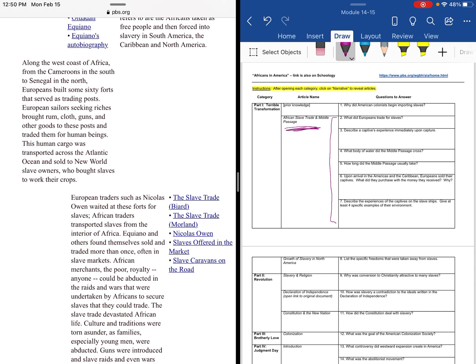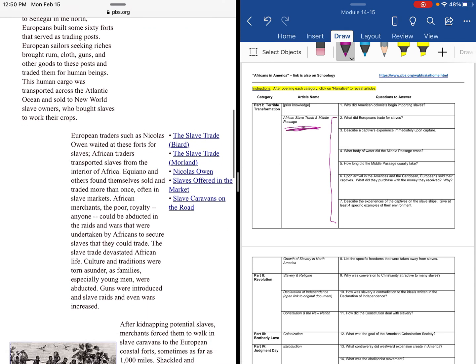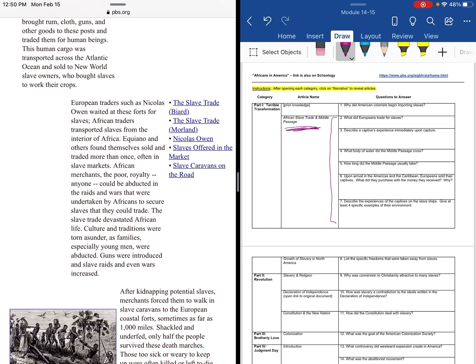African merchants, the poor, royalty, anyone could be abducted in the raids and wars that were undertaken by Africans to secure slaves that they could trade. The slave trade devastated African life. Culture and traditions were torn asunder as families, especially young men, were abducted. Guns were introduced, and slave raids and even wars increased.